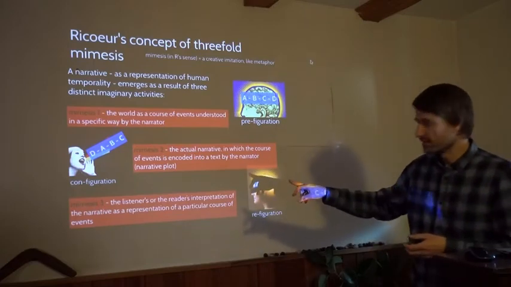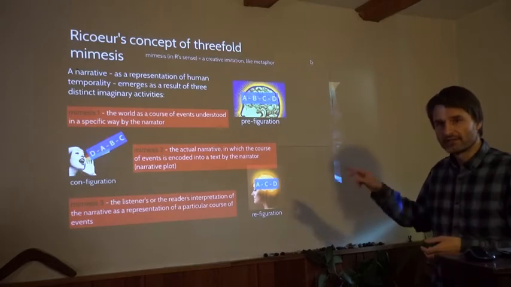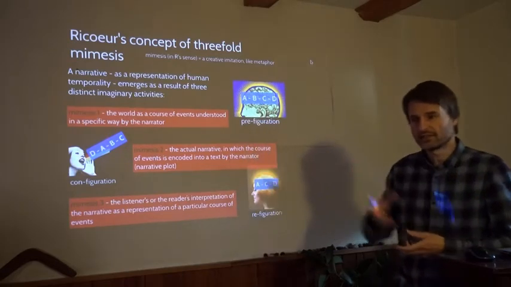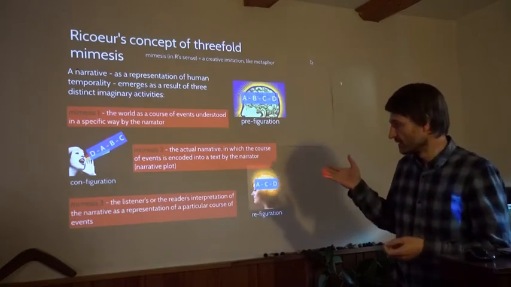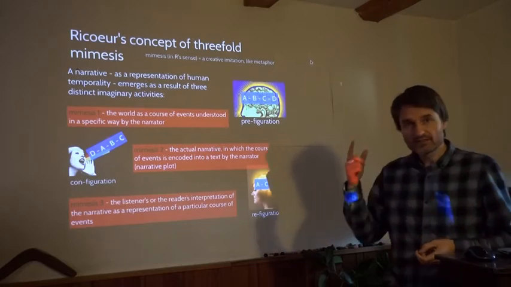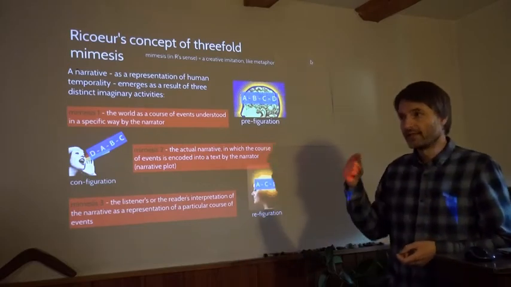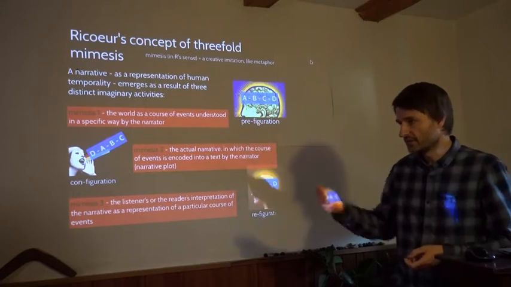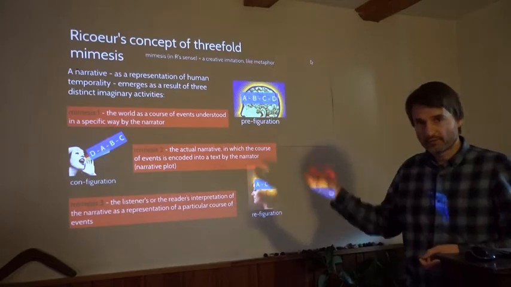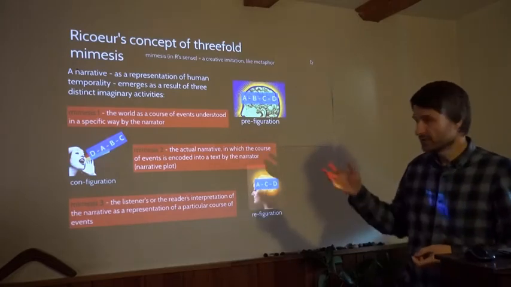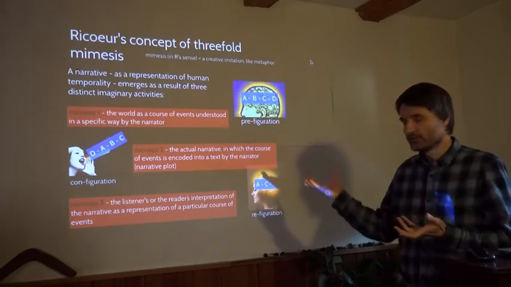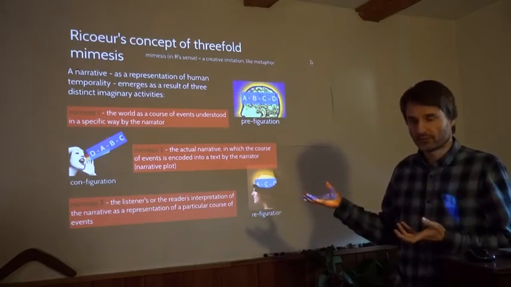And in mimesis 3, the refiguration, this is the part of the listener. As I started with the picture of the lady telling the story, this is the part of listeners. In refiguration, the listener or the reader reconstructs the logic of the story, what happened, the sequence of events from the narrative, and gets an idea of the course of the events.